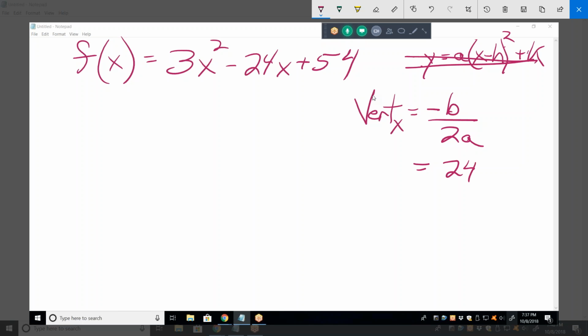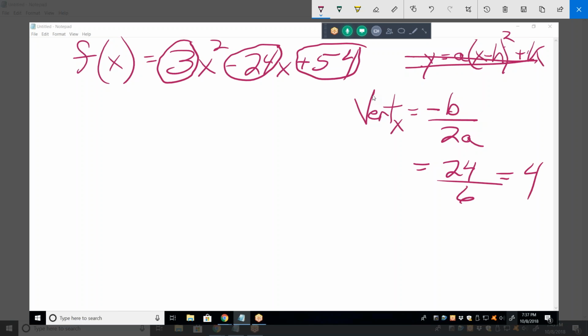That's the biggest mistake I see in all of my students. They are dying to get rid of those negative signs. They'll do anything, including just forgetting it. You can't do it. If there's a negative sign there, you got to use it. And b is negative 24, c is positive 54, and a is positive 3. So it's 24 over 6, which is 4.